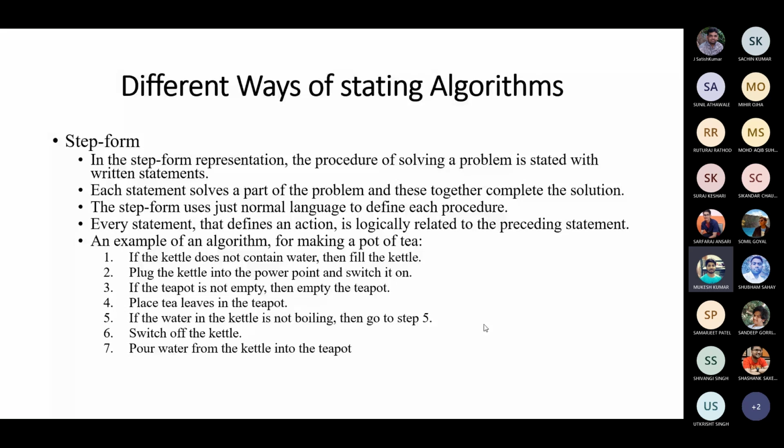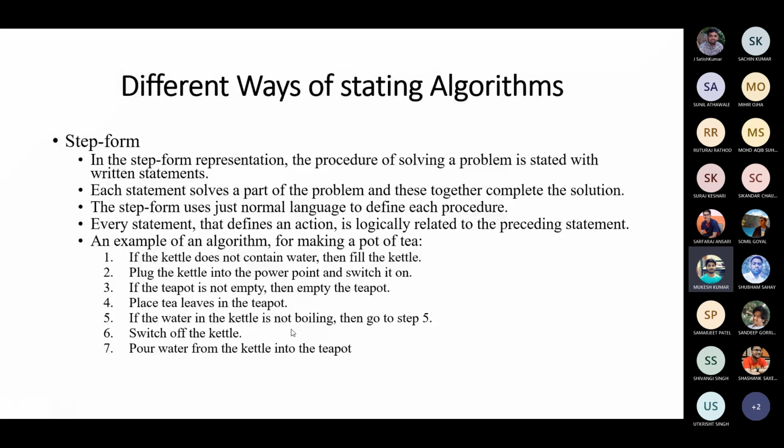if the kettle does not contain water, I'll fill the kettle first with water. Step 2, plug the kettle into the power point, I'll switch it on. Step 3, if the teapot is not empty, then empty the teapot. Then 4, place the tea leaves in the pot. 5, if the water in the kettle is not boiling, then go to step 5.